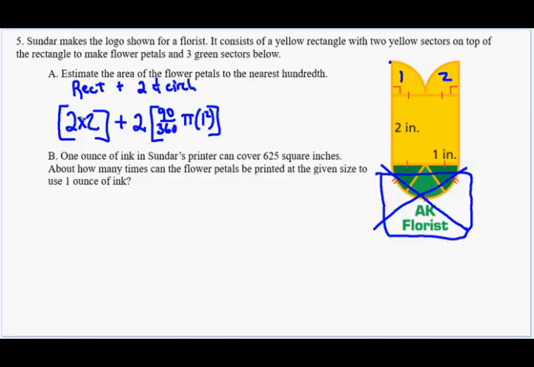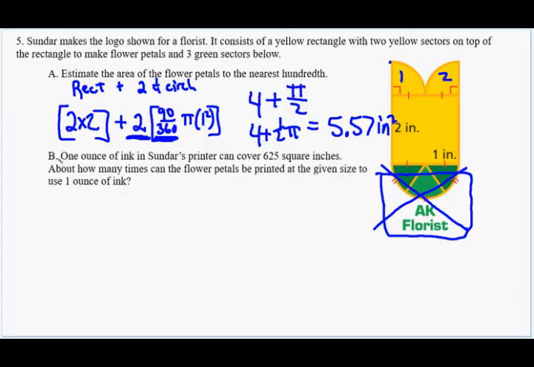So the 2 by 2 is 4 plus, 90 over 360 is 1/4 pi, times 1 squared is just times 1, so that's just 1/4 pi. And we multiply 1/4 pi by 2, so that's 2/4, or pi over 2, or a half pi. 4 plus 1/2 pi is equal to about 5.57 inches squared.